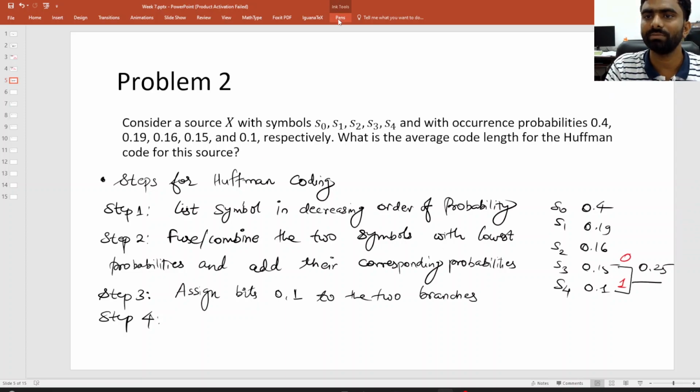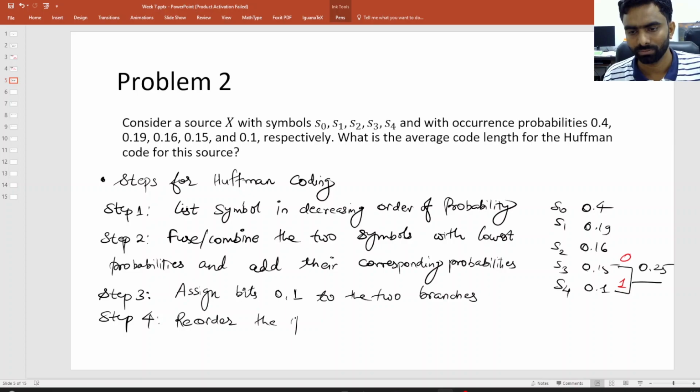Then in the next step, what will we do? Then we reorder the probabilities. Now we have obtained one more probability, and then start from step number 2.